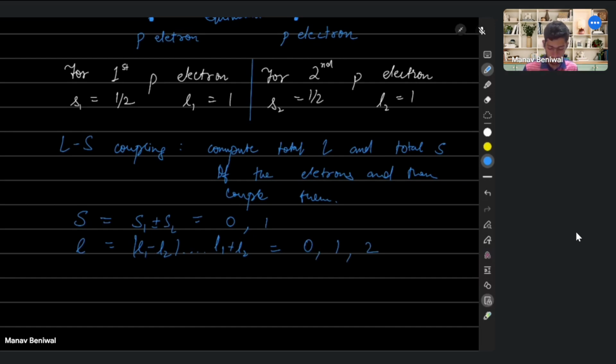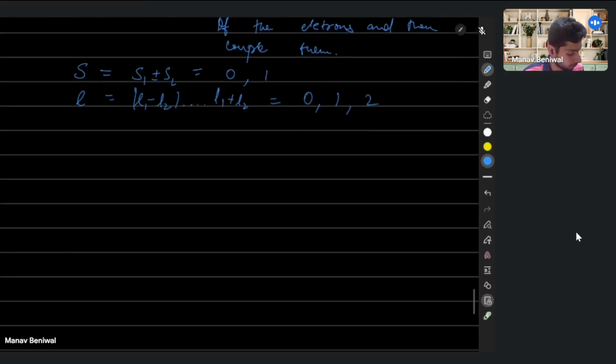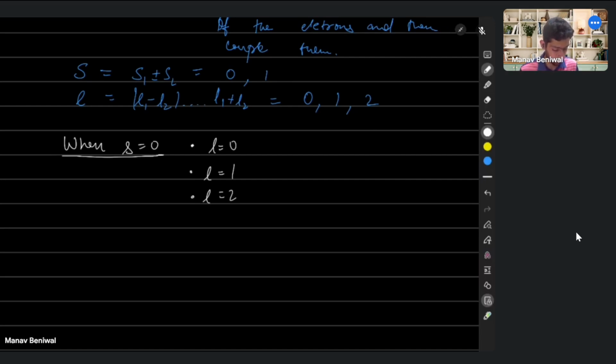Therefore we will have 6 cases. Yes, so we will have 6 cases for all the values of S and L. So when S is 0, we will have 3 cases: L is 0, L is 1, or L is 2.